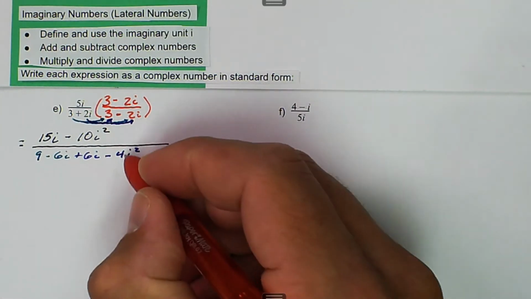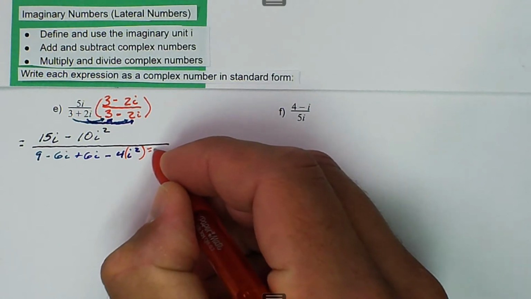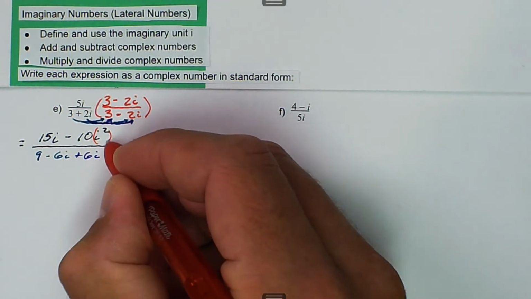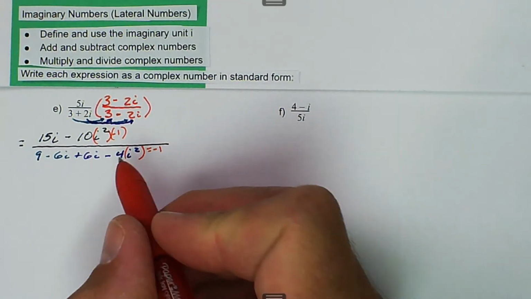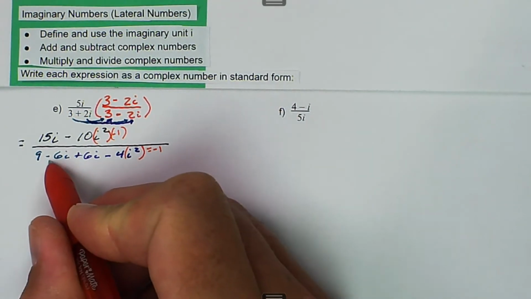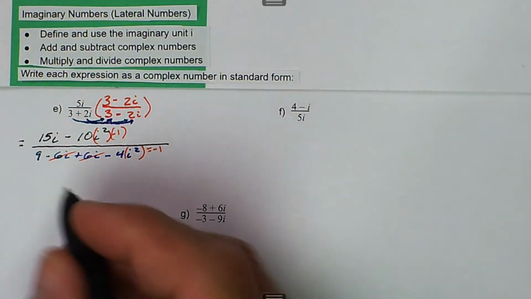Now the thing that's really nice about this is we know that i squared is equal to negative 1. And we also know that negative 6i and positive 6i cancel each other out. So then we can rewrite this.